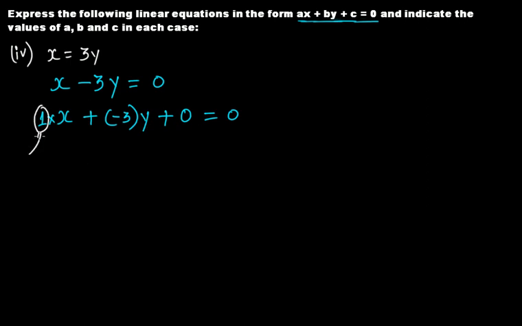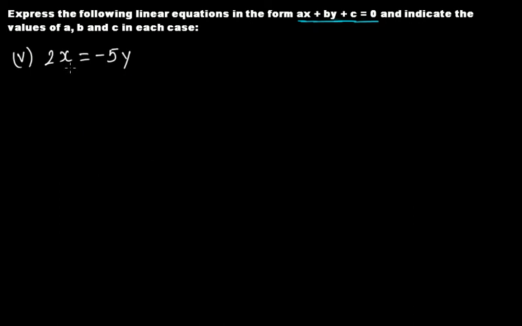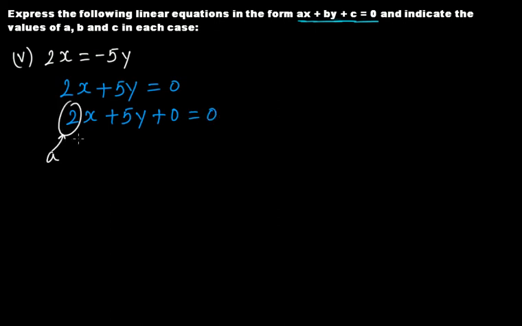This is your A, this is your B, and this is your C. 2x minus 5y, so 2x plus 5y is equal to 0, or 2x plus 5y plus 0 is equal to 0. So this is your A, this is your B, and this is your C.